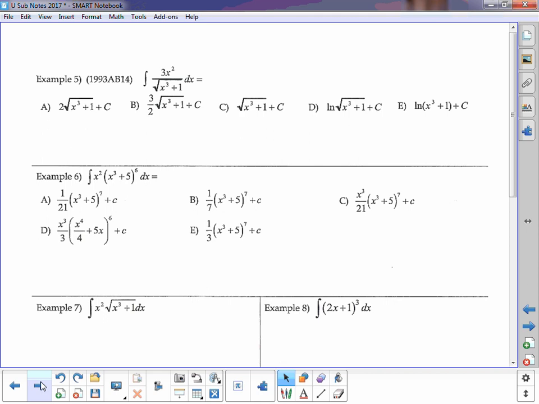Exponents, you know, like how you increase the exponent. Yes.